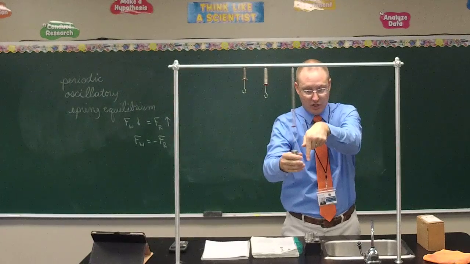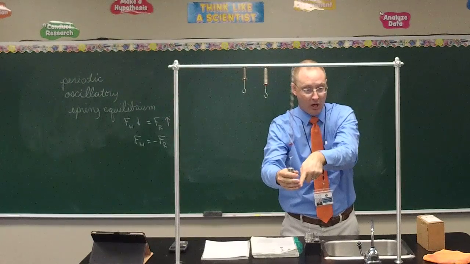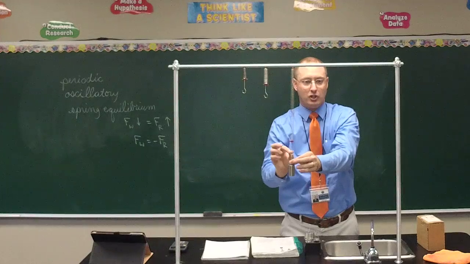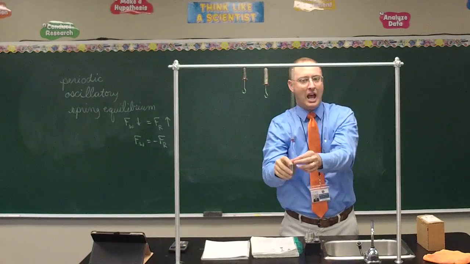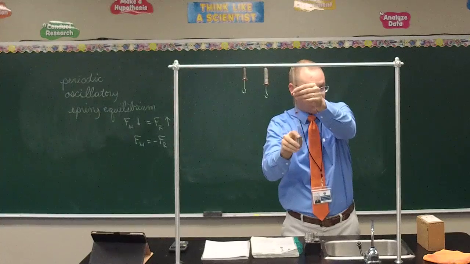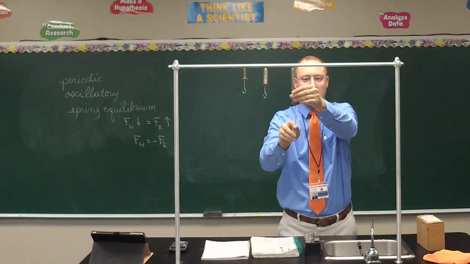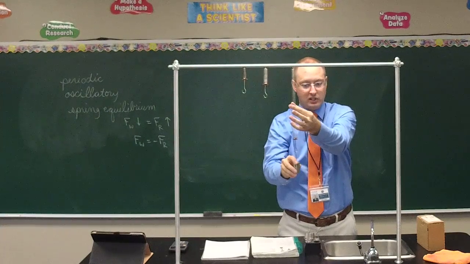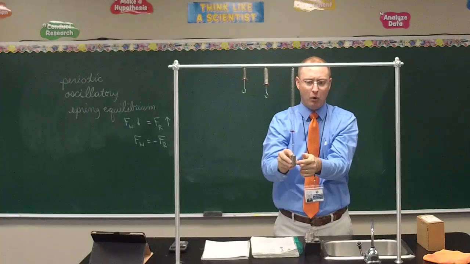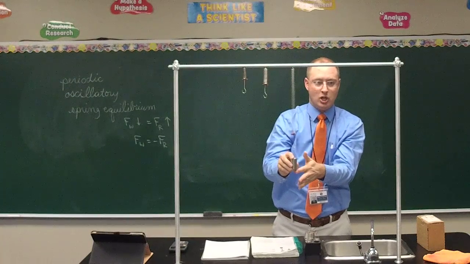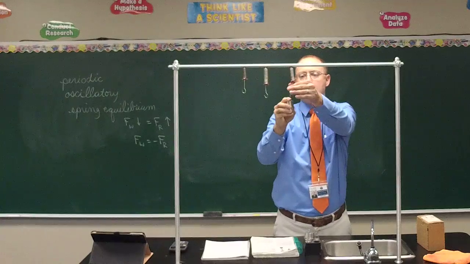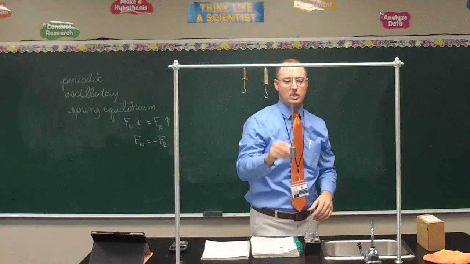So it goes past the equilibrium point, back down, until eventually there's an imbalance, right? There's more restorative force up than there is the weight down, and so the restorative force slows its acceleration, right? It shoots down, but then it slows down as restorative force increases until it gets back down here, and now there's so much more restorative force than weight, it can't keep going down. In fact, it shoots back up. So it's that imbalance of forces that causes the oscillation.